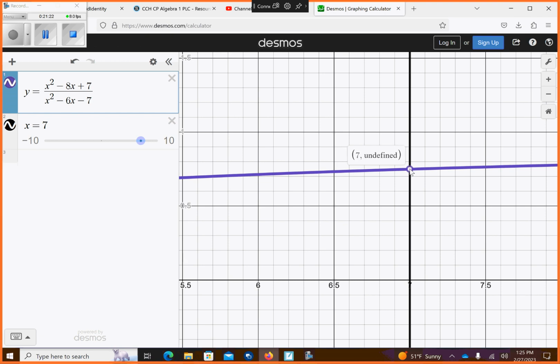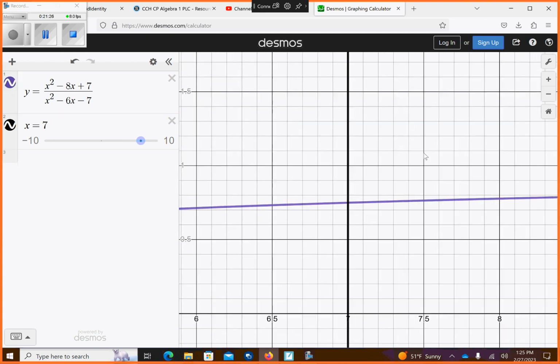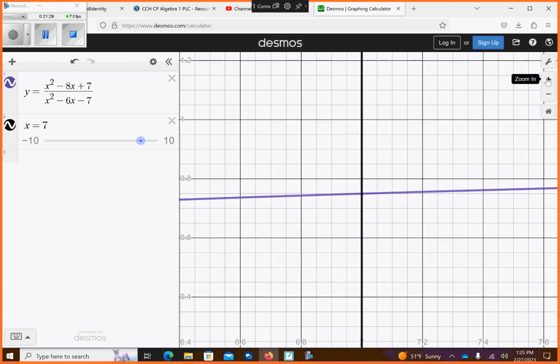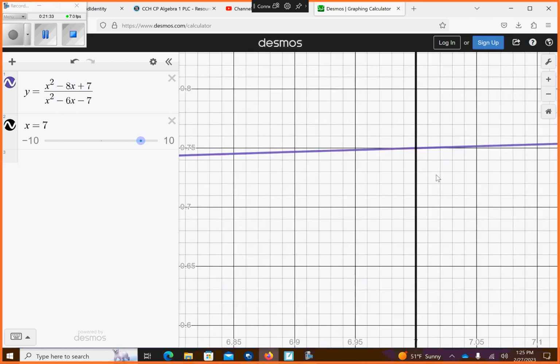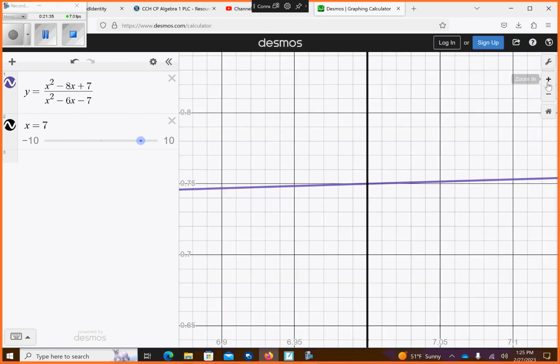There's the undefined part of that hole. I'm trying to think how we could utilize Desmos to be our most valuable property if we weren't good at factoring.